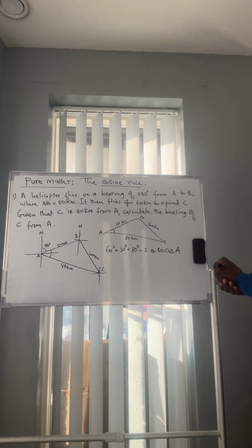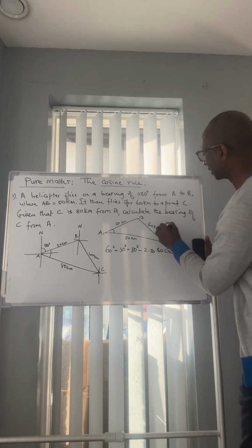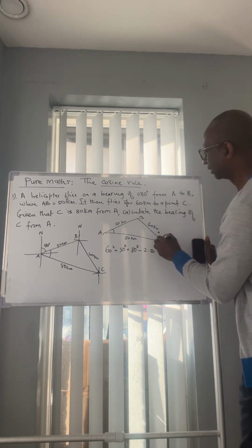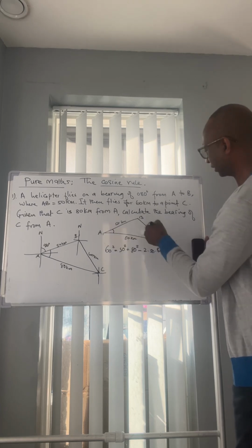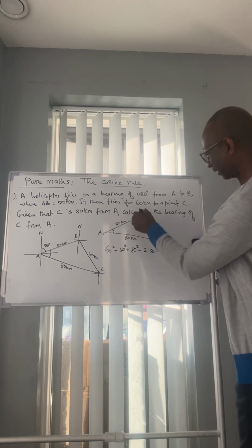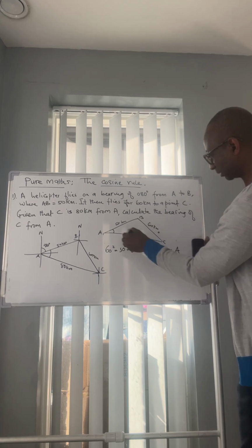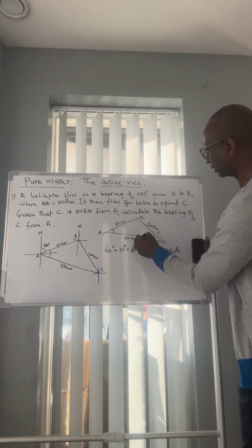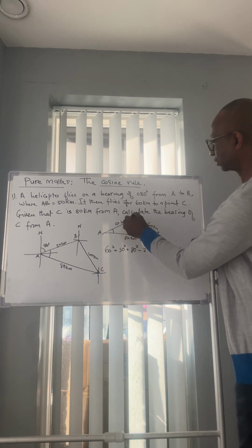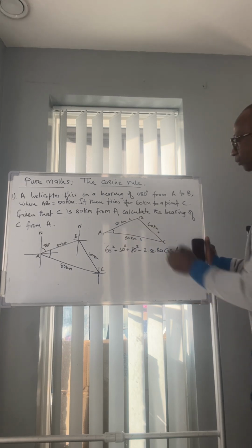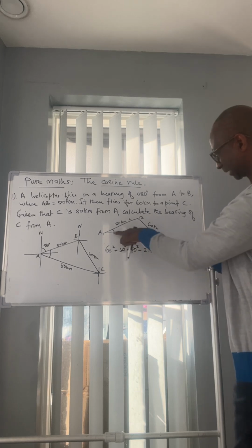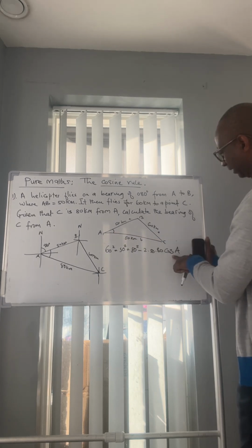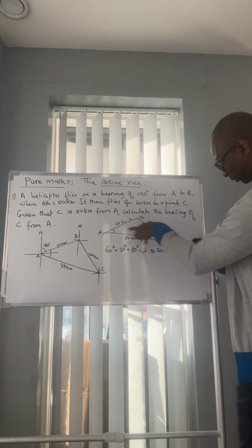In other words, if this is A, because this side opposite angle A is A, this side opposite angle B is going to be small b, and this is going to be small c. So what we have done here, we've said that because we want angle A, cos A, we start with the side opposite that angle.